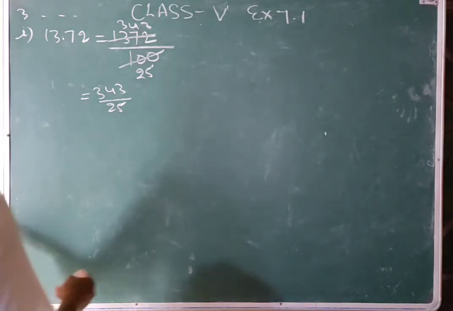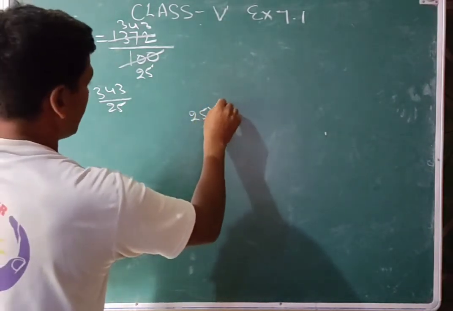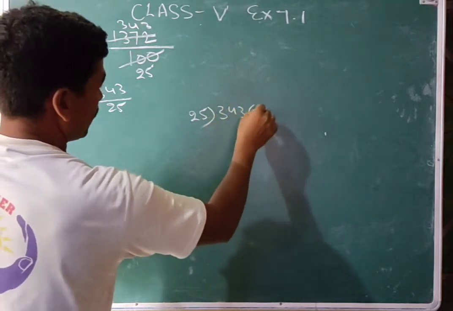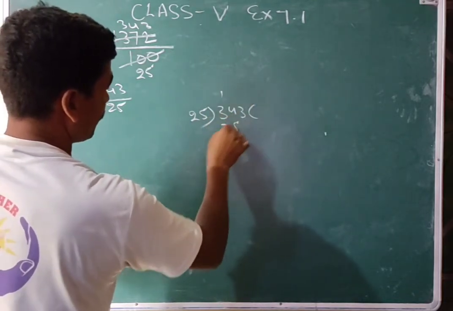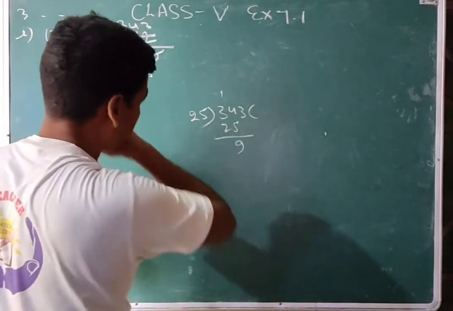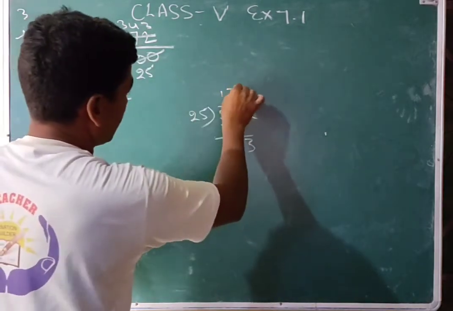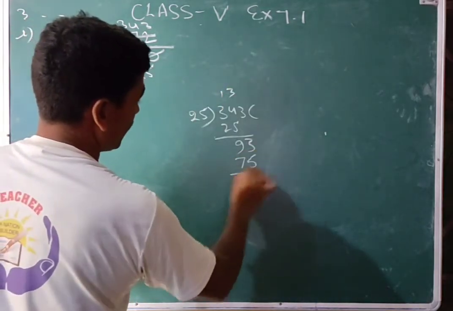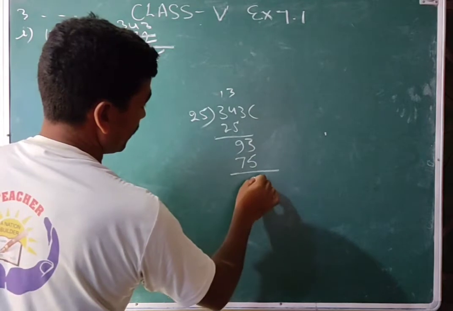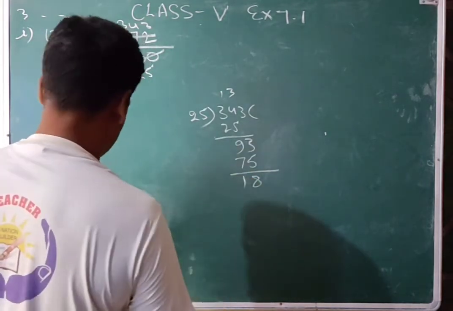So how will you write it as a mixed fraction? First of all you divide the numerator by the denominator. 25 1s are 25, and then left is 9. 25 3s are 75, then left 13, less 5 is 8, and then 7 less 1.